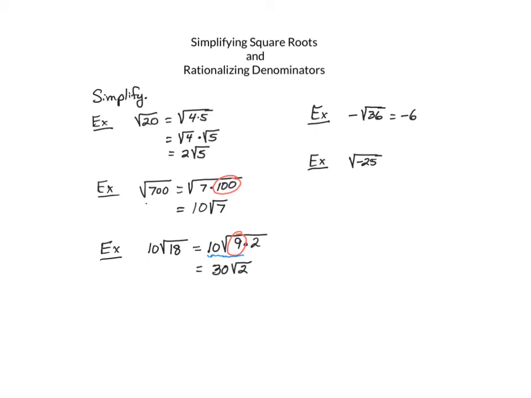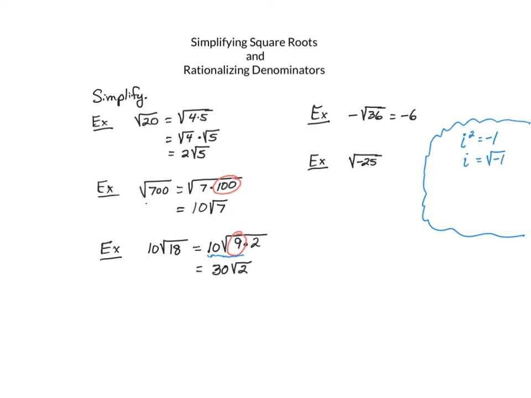As a little aside, that i is our imaginary unit, and we define it such that i squared equals -1, or we think of i as equal to the square root of -1.